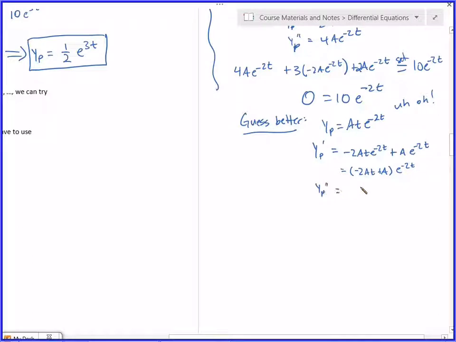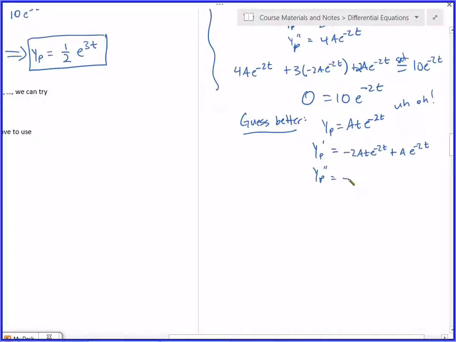yp double prime. First times the derivative of the second is this whole thing. Actually, I don't care if I write it this way. You were skeptical. Doesn't matter. Just take the derivative again. It's just a habit I have.